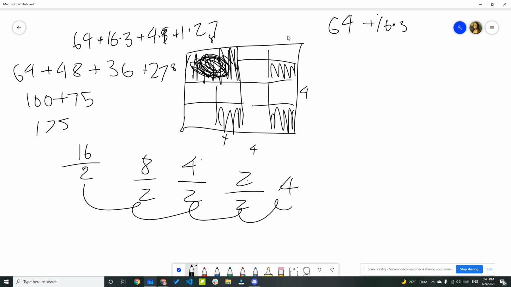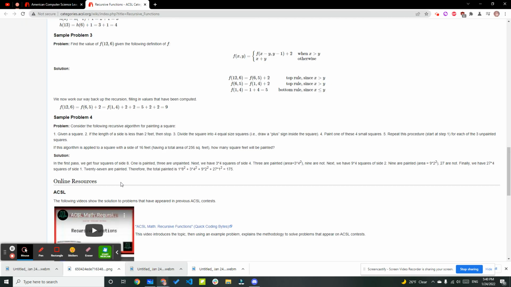And then I counted each time, so that's 9 squares in total that are painted, and then 27 squares. And then you just add it all up together and you'll get 175 square feet.